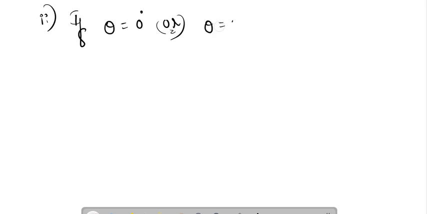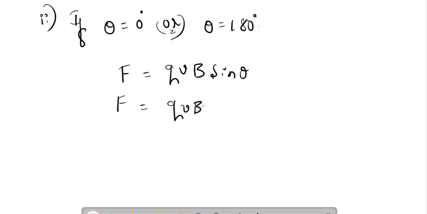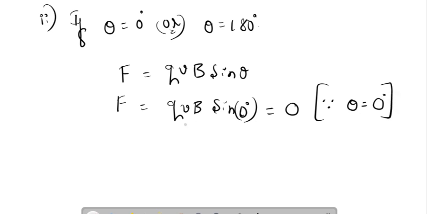And coming to the second case, suppose theta is equal to 0 degrees or theta is equal to 180 degrees. What will happen here? We know that F is equal to QVB sine theta. F is equal to QVB sine 0 degrees, which is equal to 0, since sine 0 degrees is 0.